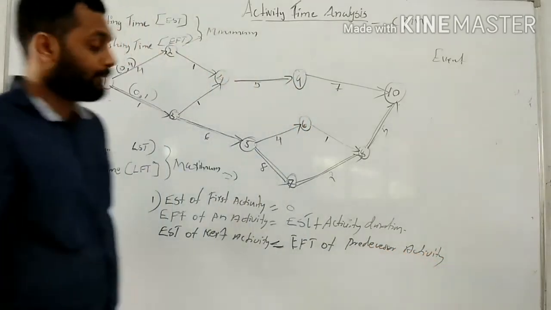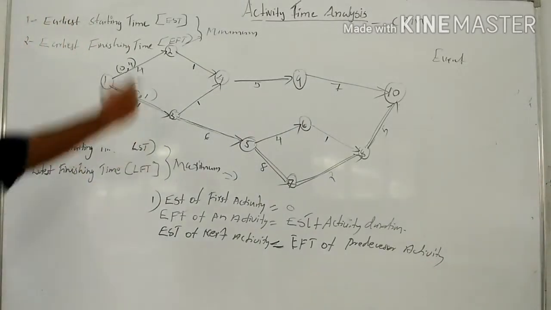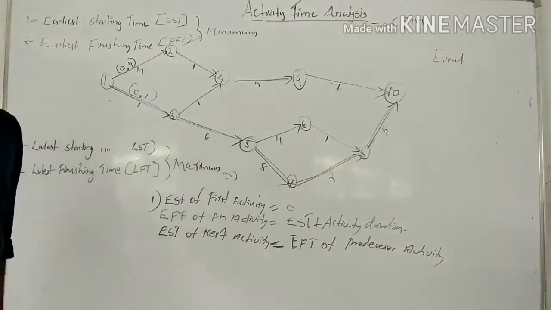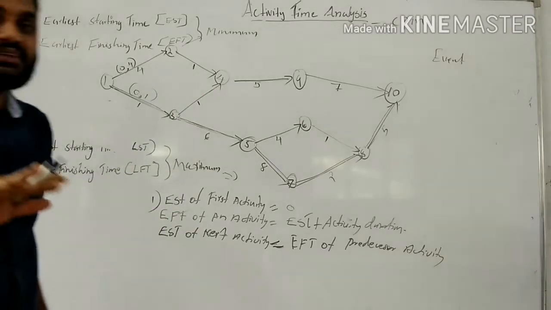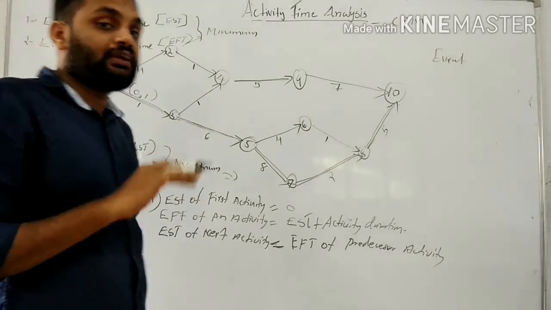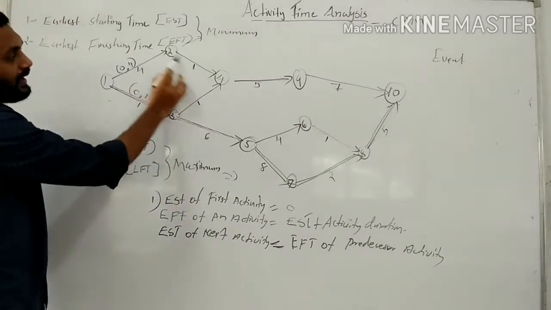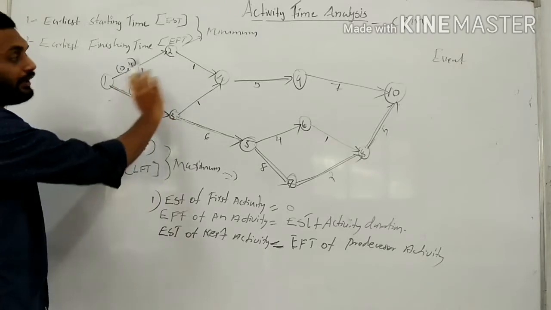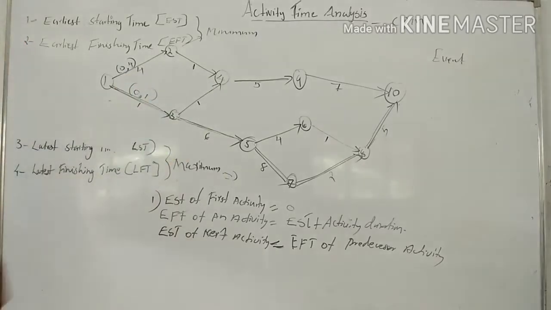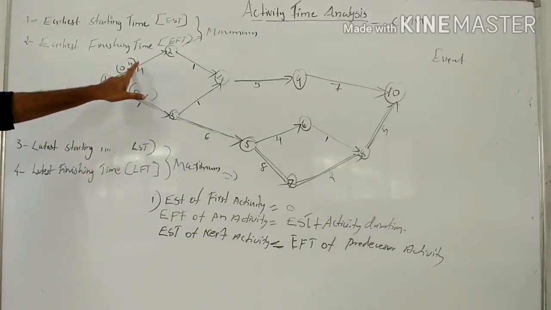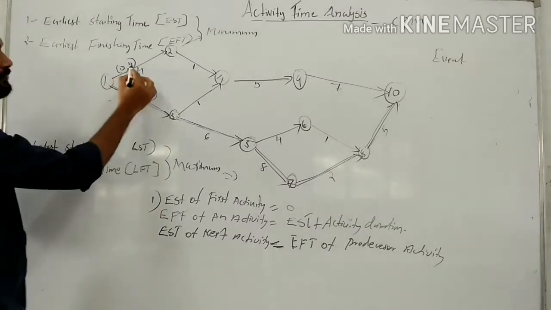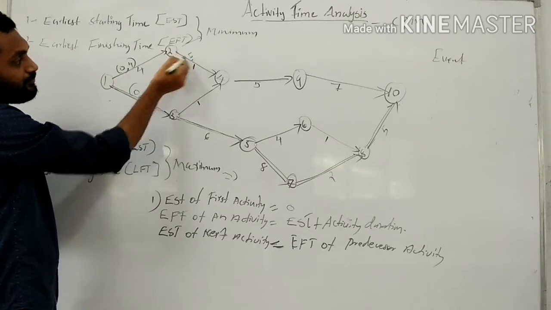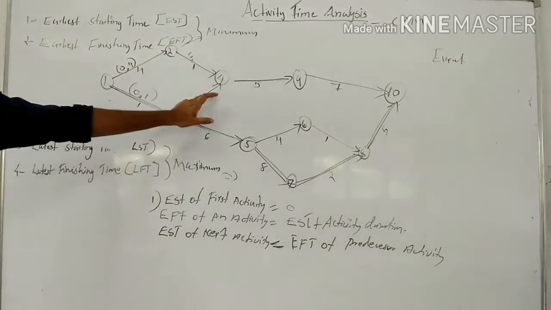The predecessor activity of the activity 2 to 4 is 1 to 2. The EFT of 1 to 2 is 4. So 4 is the EST of 2 to 4.